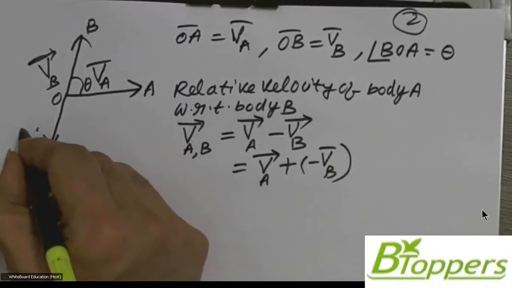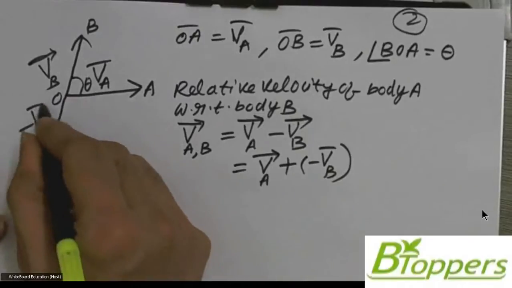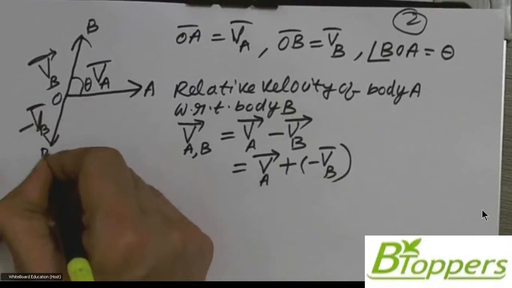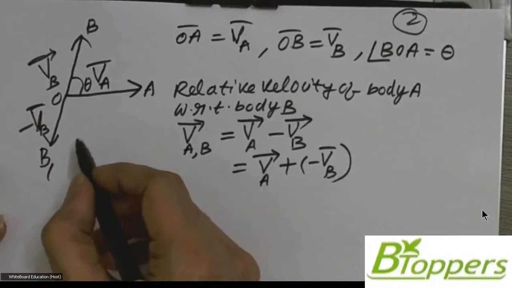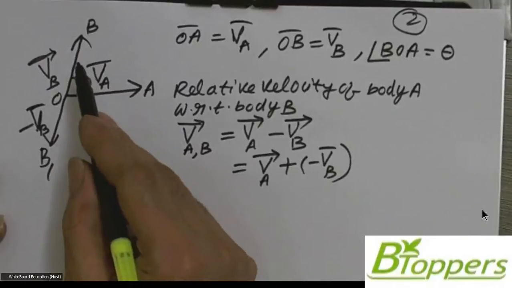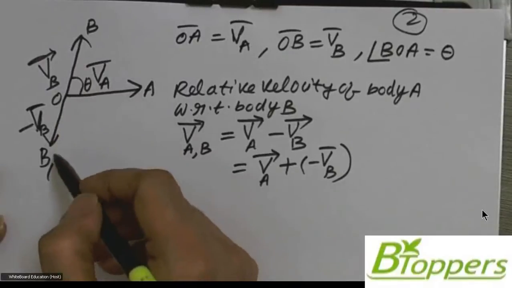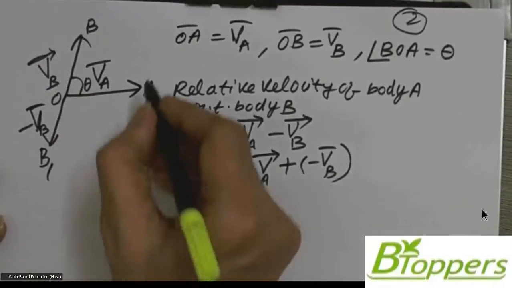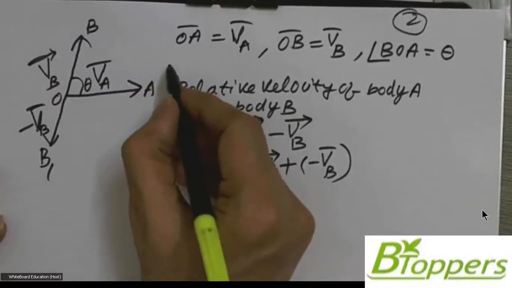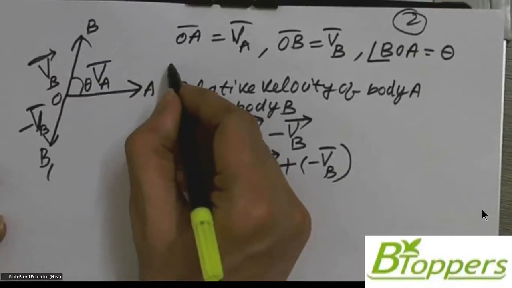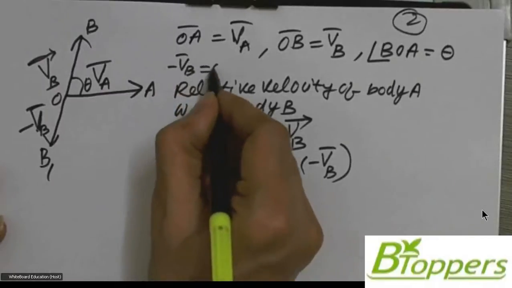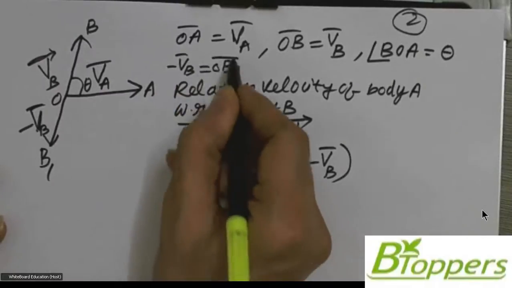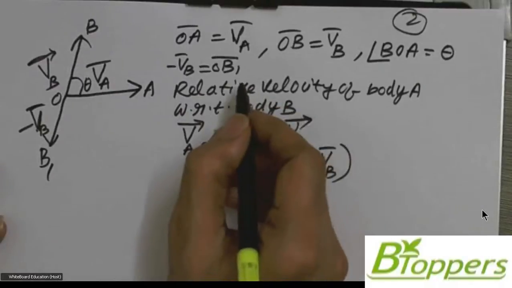From the definition of a negative vector, the vector minus VB bar will have the same magnitude as the vector VB bar, but acts in the opposite direction. That means in the diagram, the vector minus VB bar is represented by the direct line segment OB1 bar.